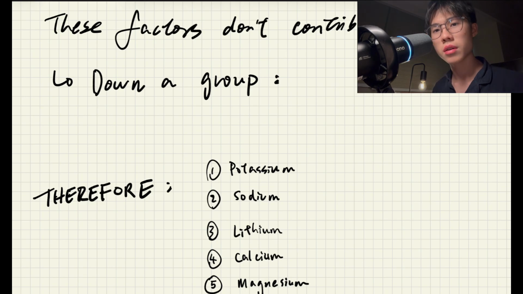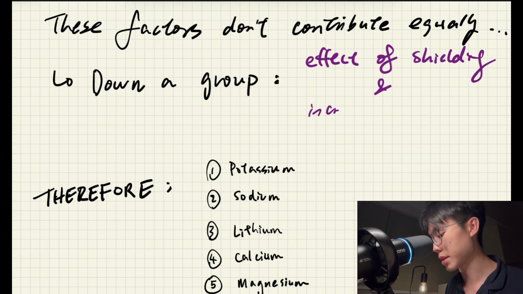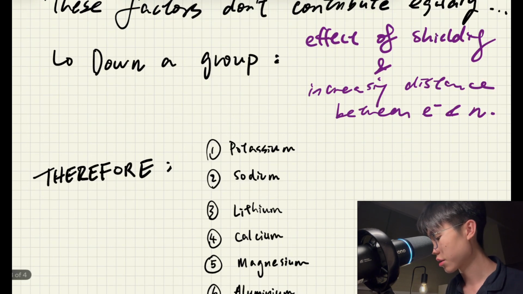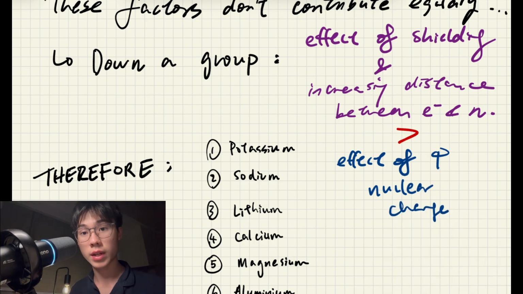However, these 3 factors don't contribute equally to the ease of removing electrons. As you move down the group, the effect of shielding and the increasing distance is greater than the effect of increasing nuclear charge. Meaning, as you move down a group, nuclear charge increases.